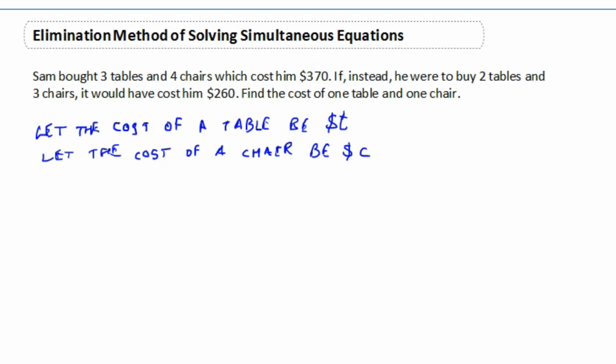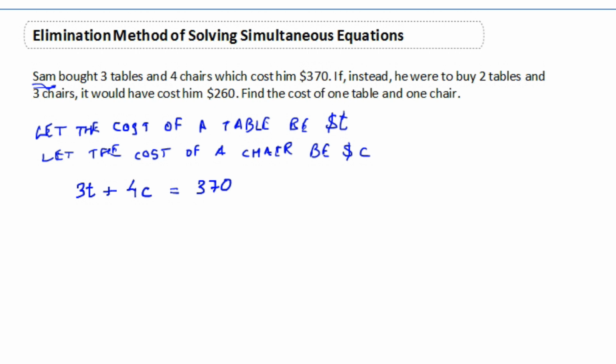So the equation that we get after reading the question again, that Sam bought 3 tables and 4 chairs. So the cost of 1 table, if it is $t, the cost of 3 tables would be 3t. And if we add to that the cost of 4 chairs, which means 4c, it costed him a total of $370, right?